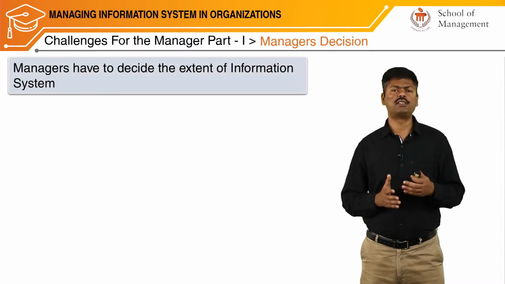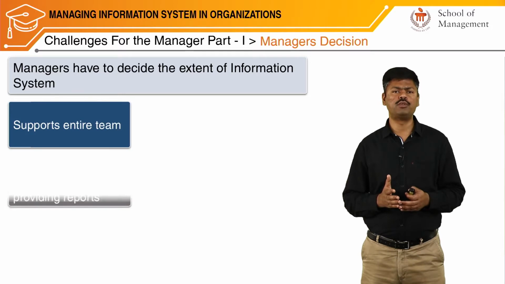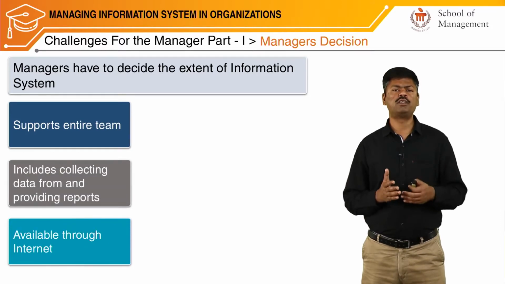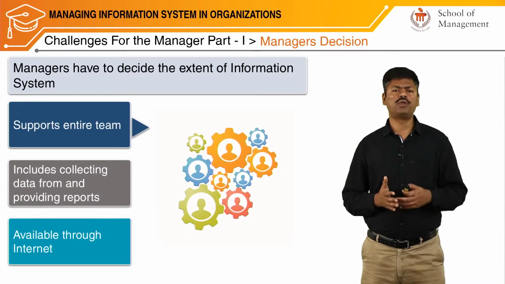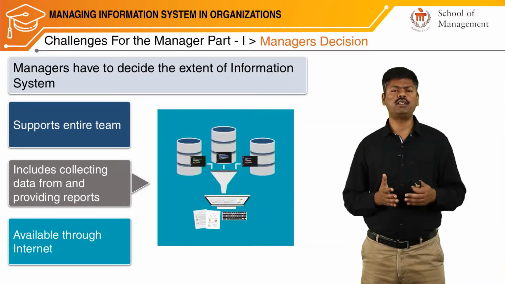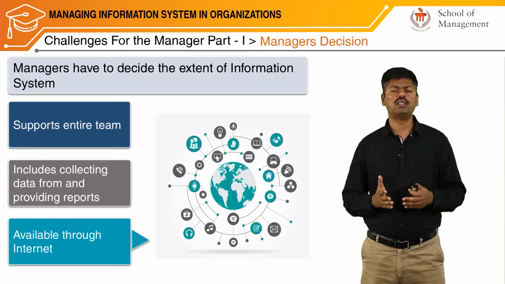The managers have to decide the extent of information system they would require, and it should support the entire team. It includes collecting data from and providing reports, and it should be available through the internet. These are some of the very important critical issues which the managers have to clearly look at and identify.